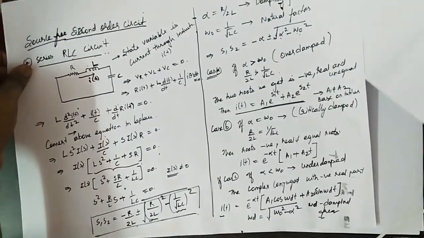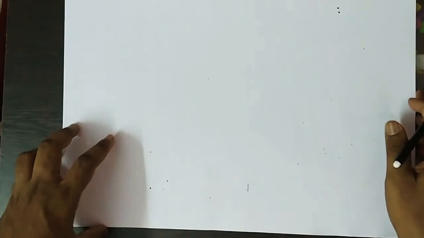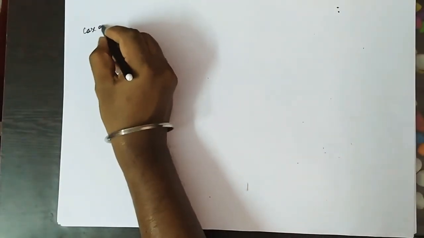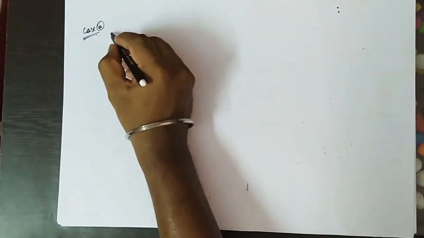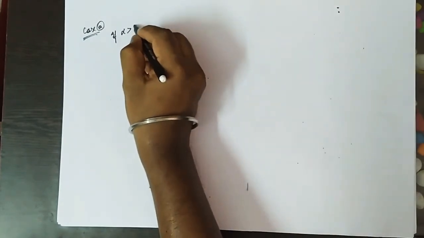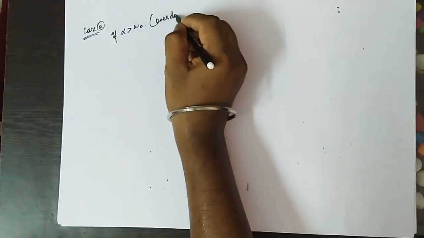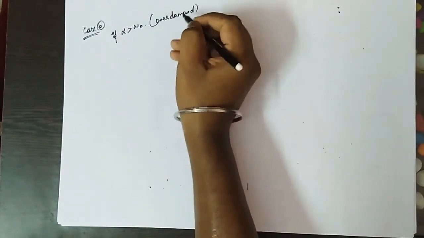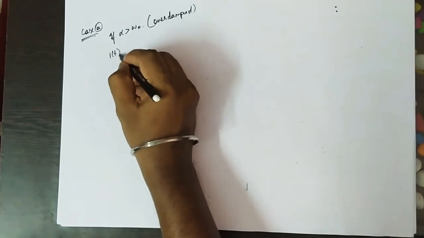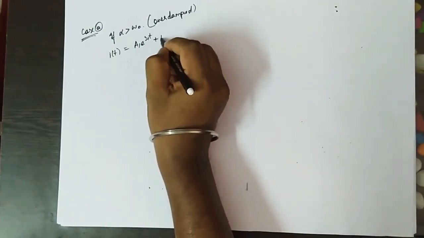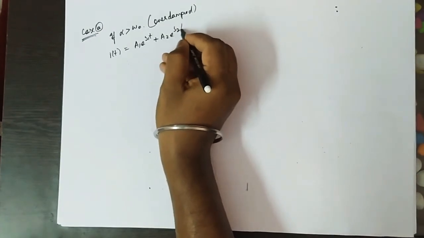What is the response for the circuit? In case A, alpha greater than omega naught is overdamped, and the response i of t is a1 e power s1 t plus a2 e power s2 t.